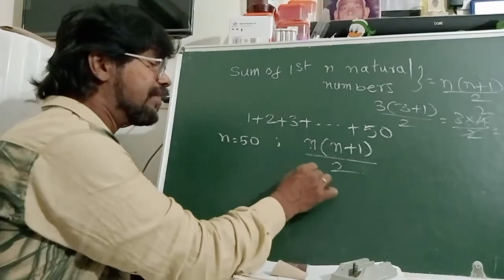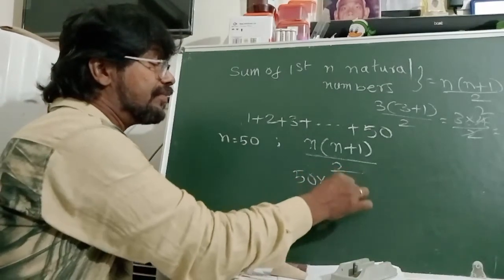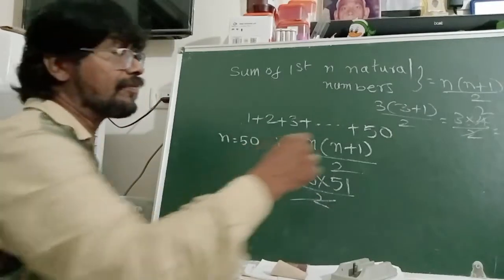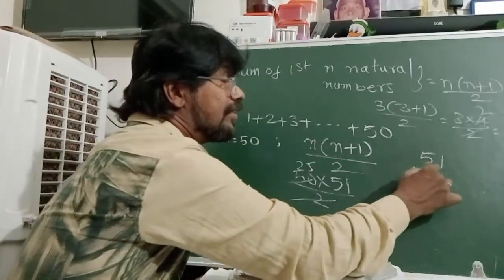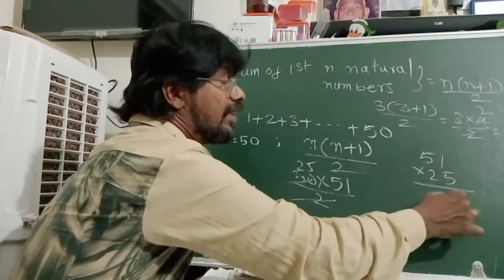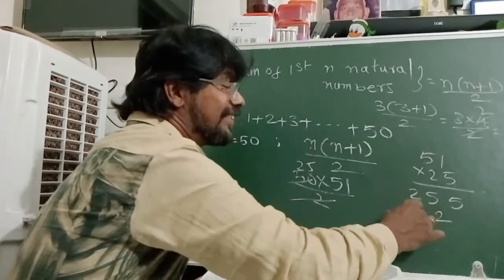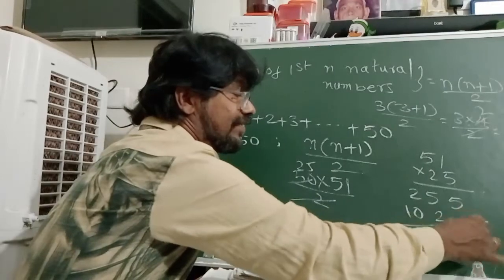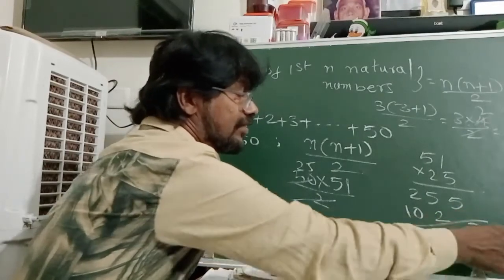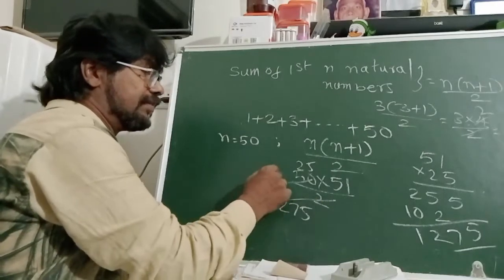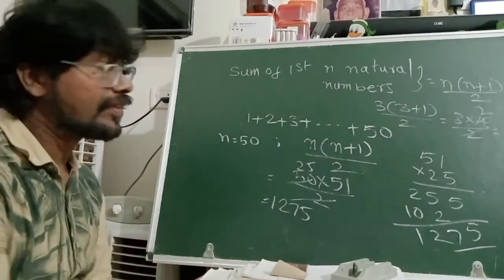So 50 into 51 by 2, this is 25 times 51, so 1275 is the answer.